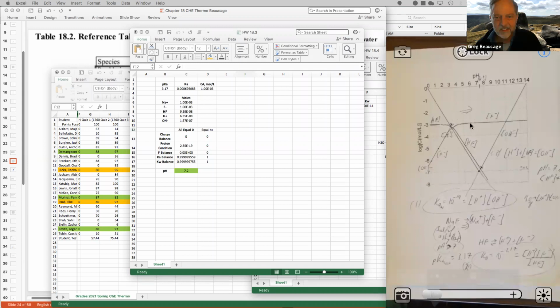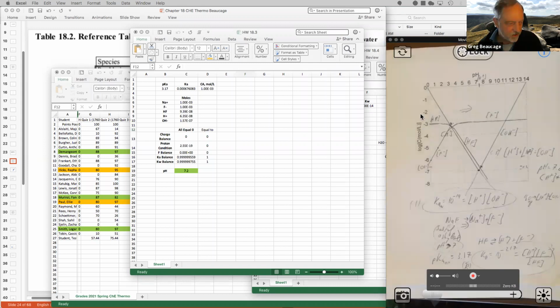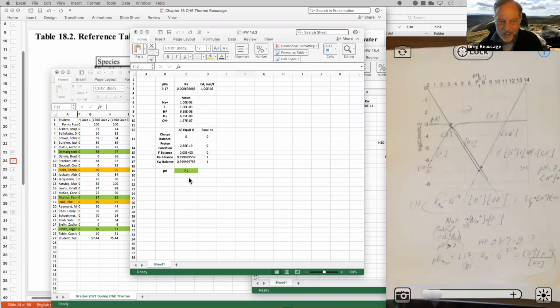This is almost the same as the acetic acid problem. They do sodium acetate in example 18.5. It's almost exactly the same thing, except they don't do the Excel part. I think it's worthwhile doing the Excel part because you can actually solve this with Excel. He shows the Excel approach for the last problem with ATP or something.